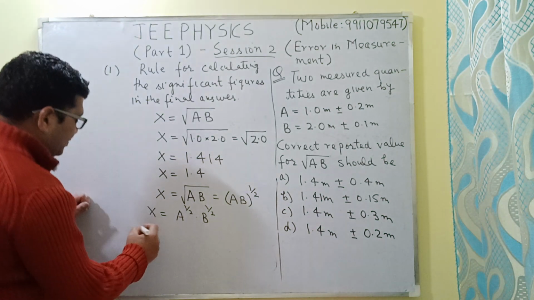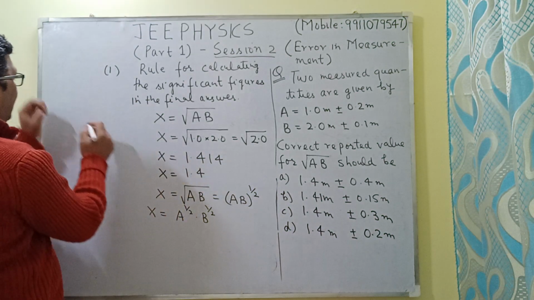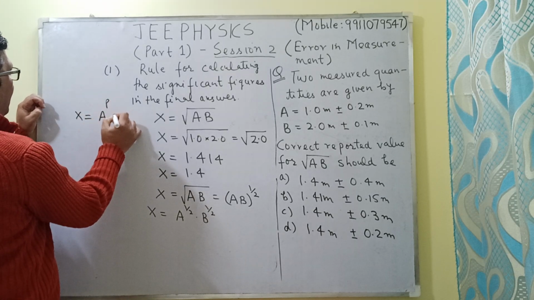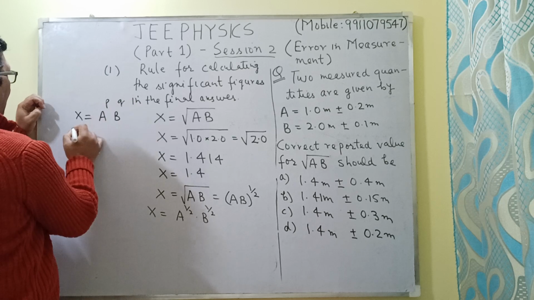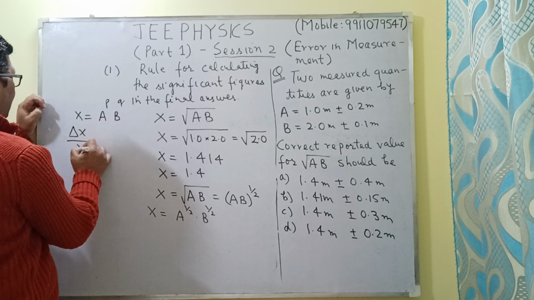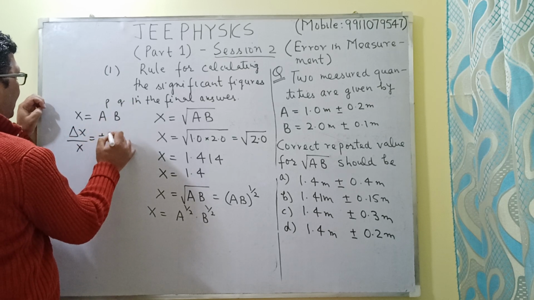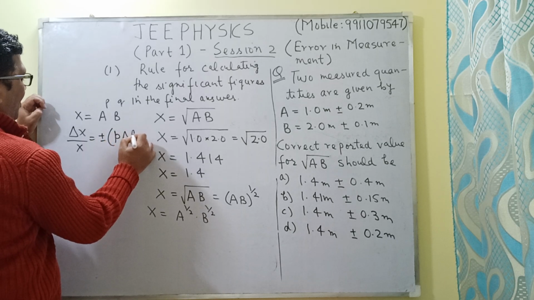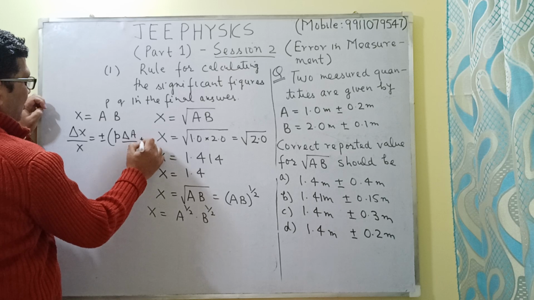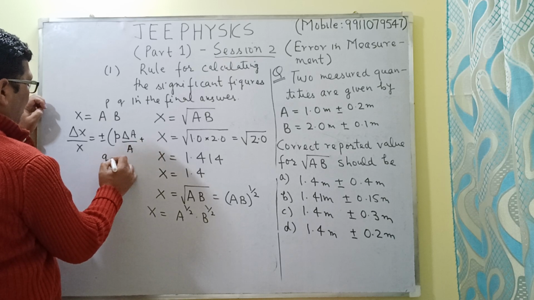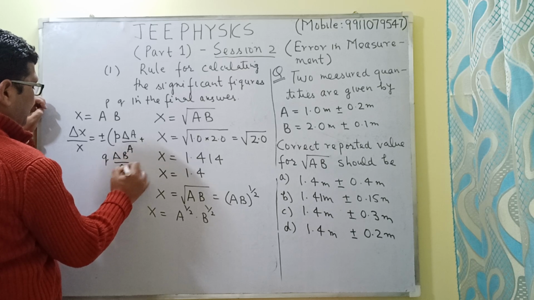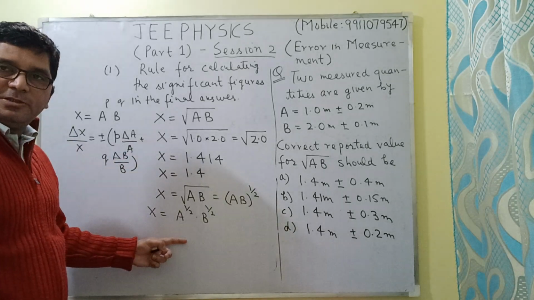here right now. So I will be using the formula, that is, if x is equal to A to the power p and B to the power q, then delta x upon x is equal to plus minus p delta A upon A plus q delta B upon B. So this is the formula which I will be using in order to solve this question.